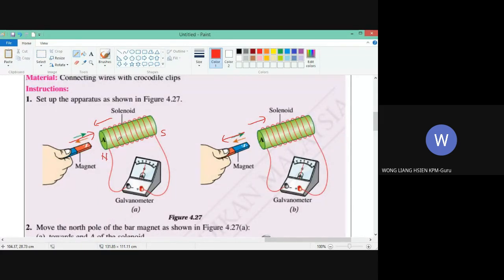So from the right-hand grip rule for solenoid, we can find out that if this is north, that means the direction of current must be like this. Right-hand grip rule for solenoid, like this.